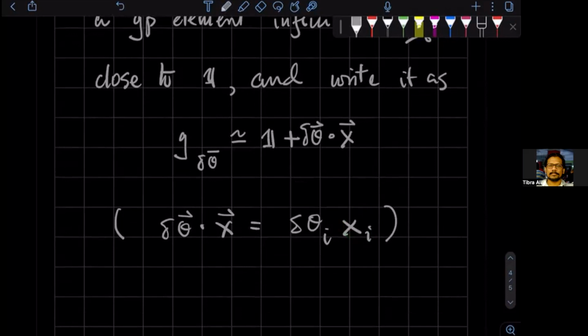Sir, what does it mean for two matrices to be close to each other? Yeah, that's a very good question. Informally, it means that these parameters are very small, so that all the elements of this matrix are very small numbers. This is a very informal way of defining it.